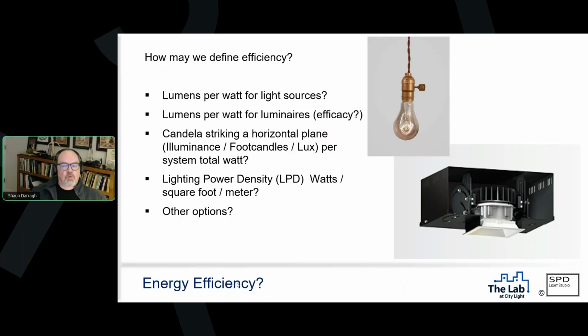And we measure that. Everyone will know the terms foot candles. Some of you will know the term lux, which is basically just the SI unit for that per total system watt. Might be lighting power density, right? We talk about watts per square foot. I'm sure there are other options out there, but if you look at these two images here, one is an incandescent-ish lamp hanging from a socket, right?